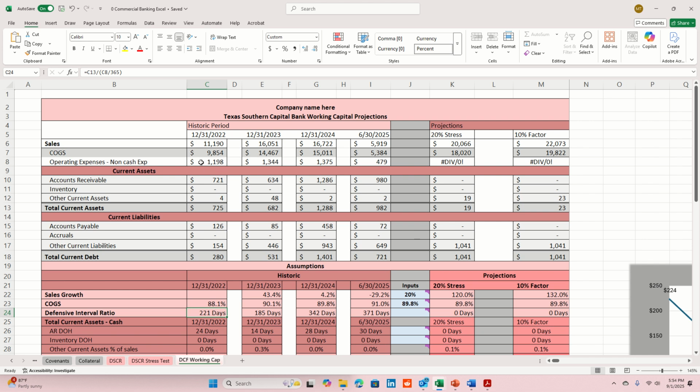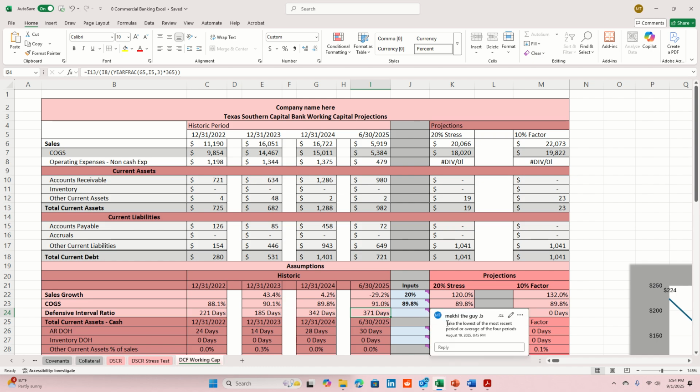The point is that you got 221 days here, you have 185 days here, and then you have 342 days here. You also have 371 days here.